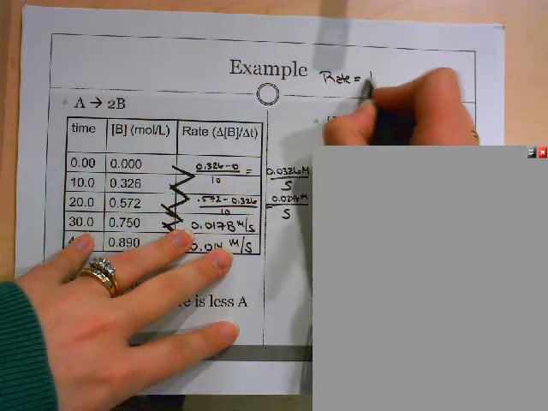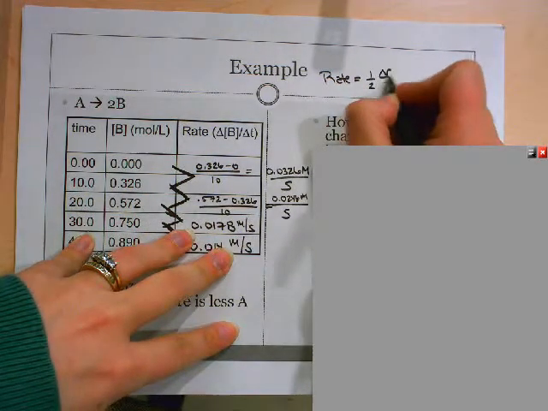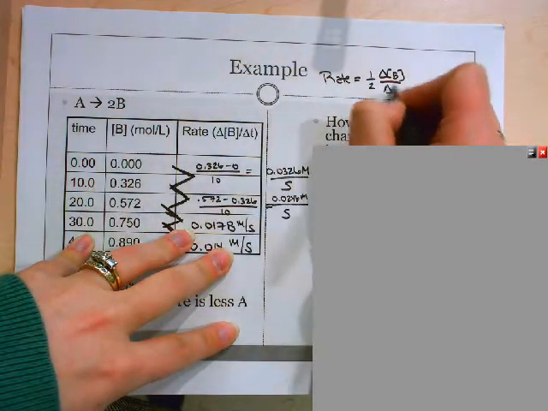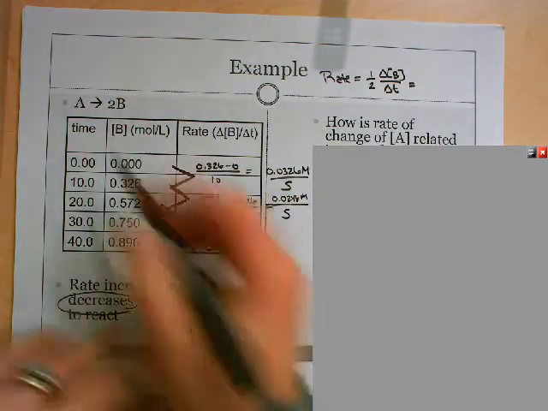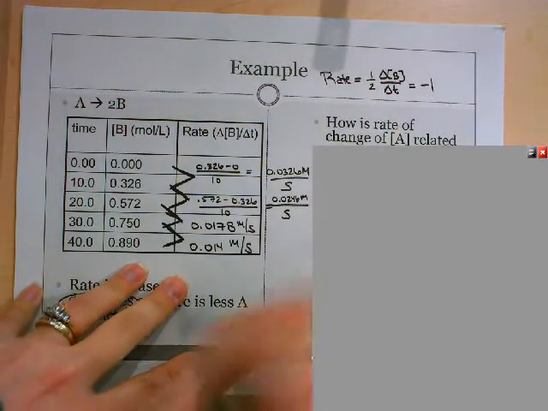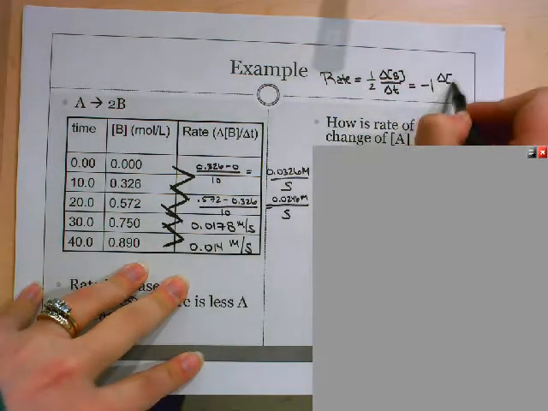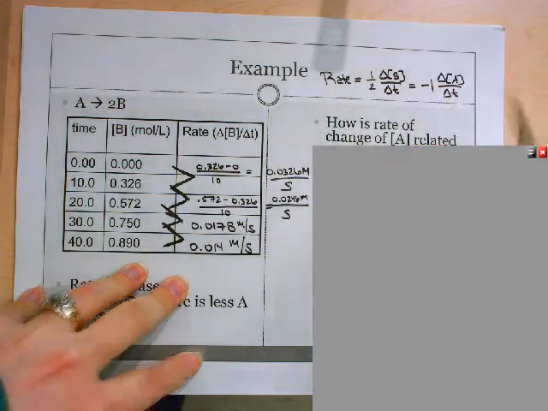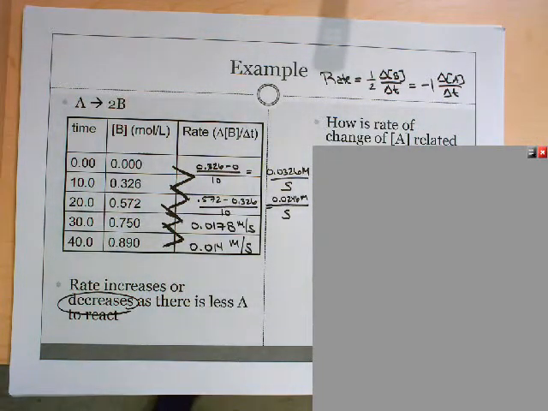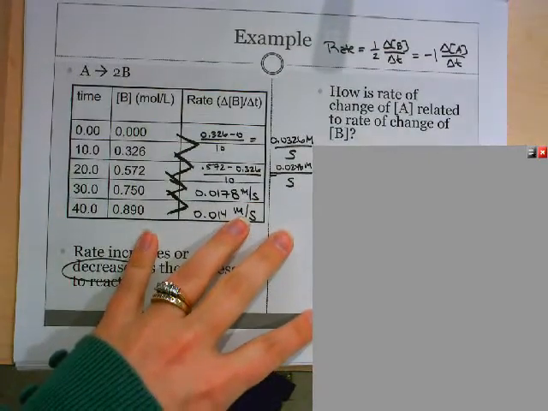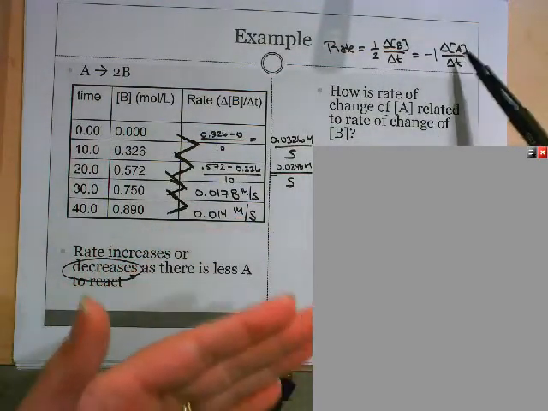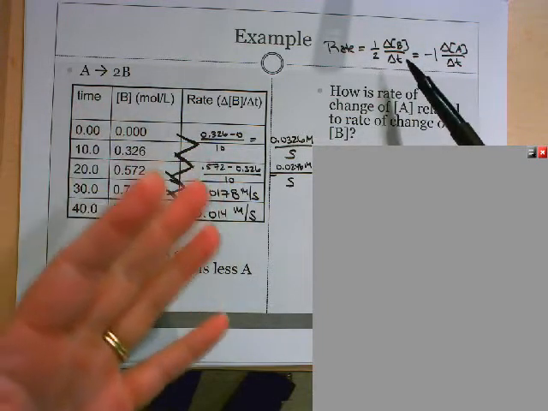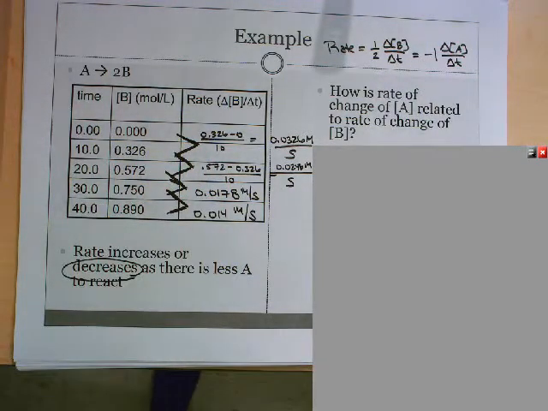It gets 1/2. What fraction does A get? -1, because it's disappearing. It's just -1 times delta A over delta T. Good. Now I have an equation that relates concentration change of A compared to concentration change of B. So we're good there.